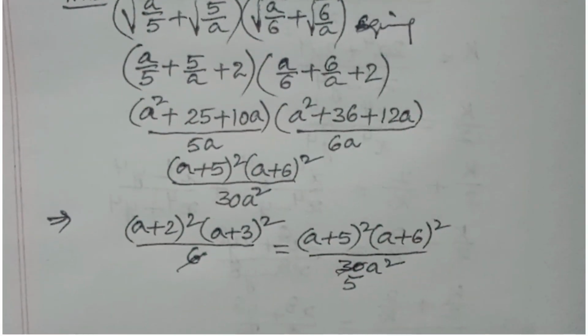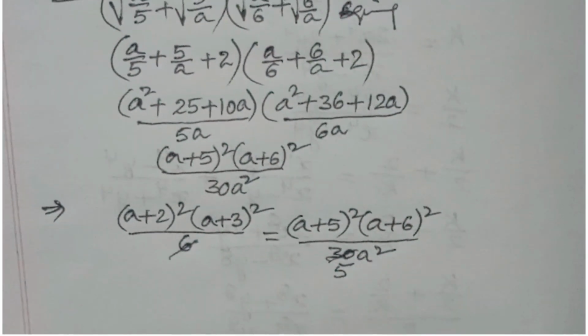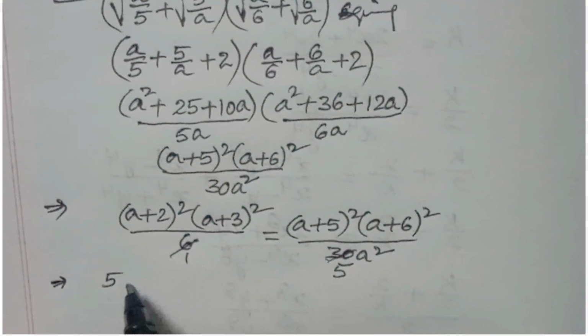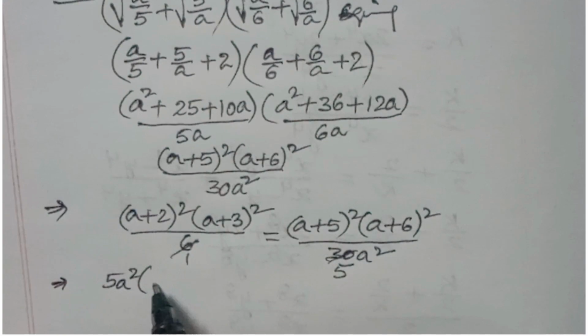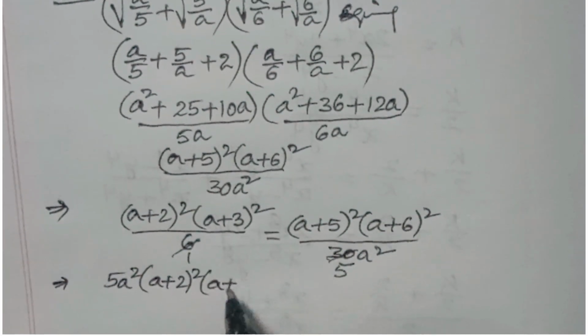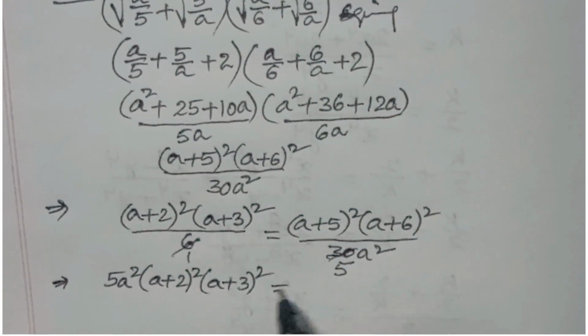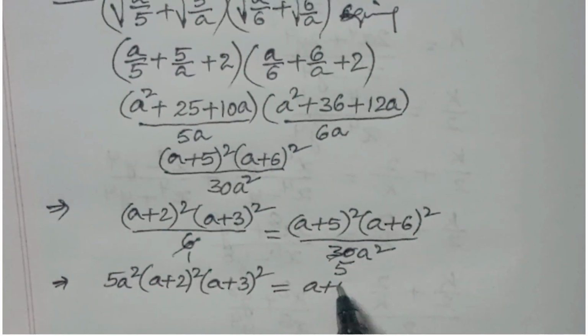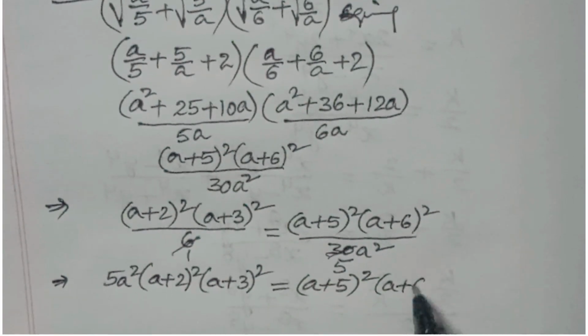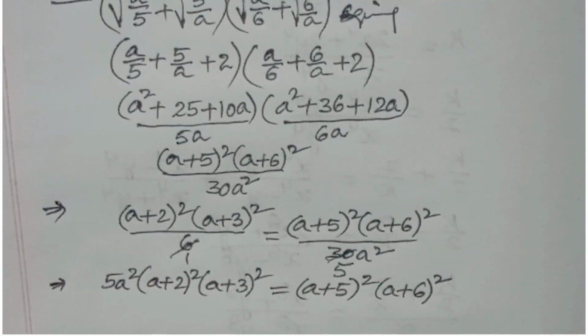This is the main concept here. Cross multiplying, we get 5a^2 (a + 2)^2 (a + 3)^2 is equal to (a + 5)^2 (a + 6)^2.